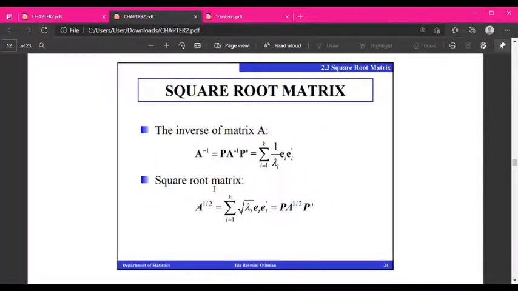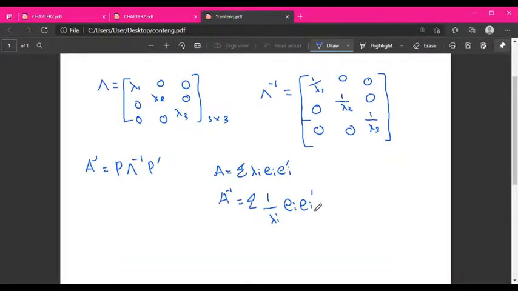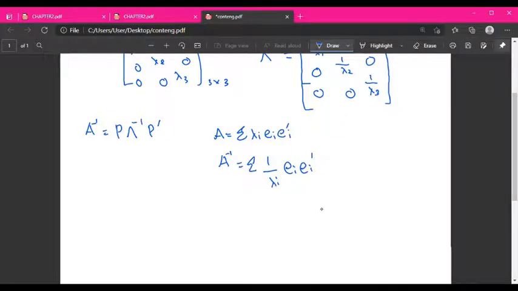How about the square root matrix pula? Kalau kita nak dapatkan square root matrix, sama juga yang berubahnya adalah dekat big lambda ni. Okay, dekat big lambda ni akan berubah, akan jadi square root of the big lambda. So macam mana nak dapatkan matrix of square root of the big lambda? So it just sama juga, big lambda adalah diagonal matrix.